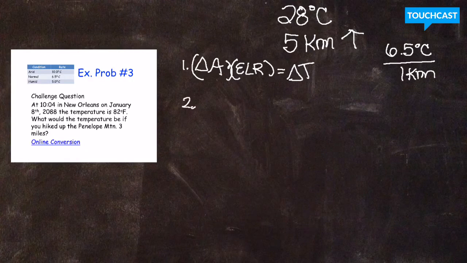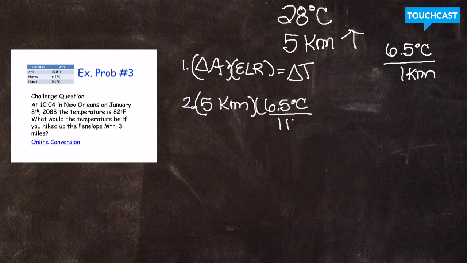So number 2, plug in everything into your equation. So we have the change in altitude is 5 kilometers times 6.5 degrees Celsius over 1 kilometer equals the change in temperature. So the next step, 3, plug and chug.